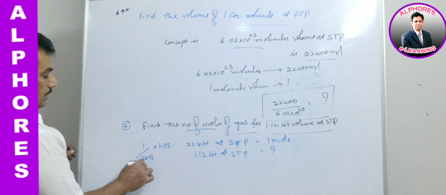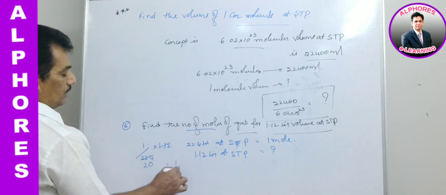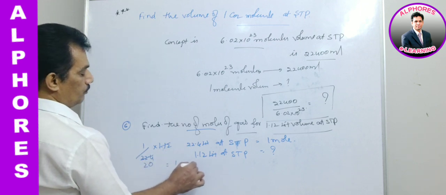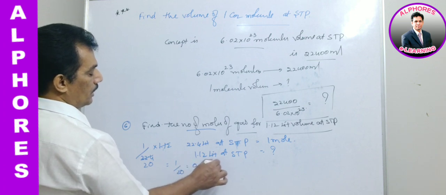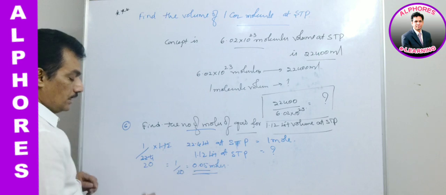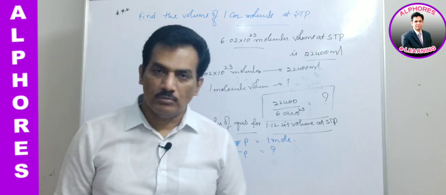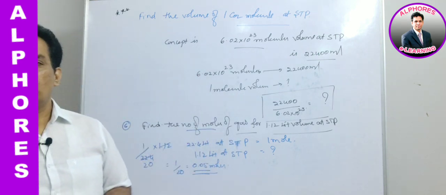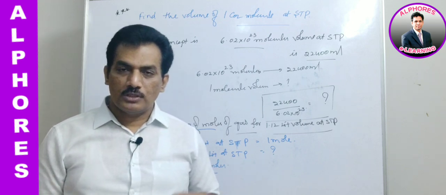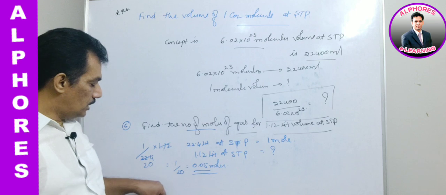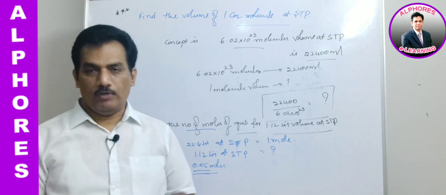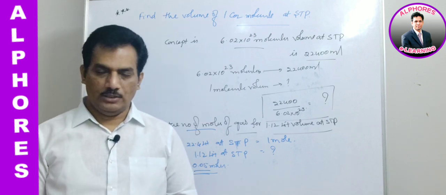It is nothing but 1 by 20, that is 0.05 moles. Like that you can calculate the moles from the volume, molecules from the volume, or volume from the moles, volume from the molecules. That is about the concept of GMV, gram molar volume.